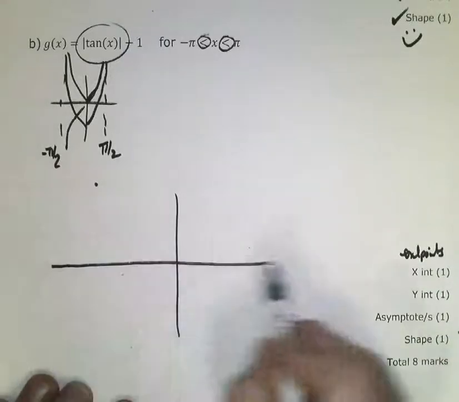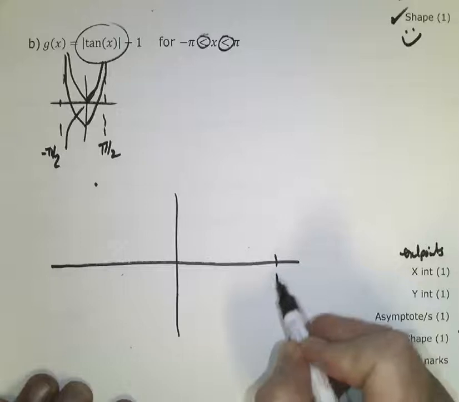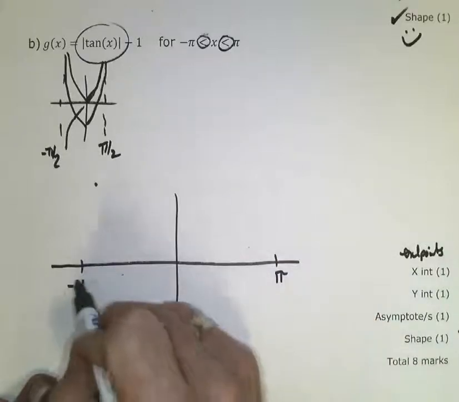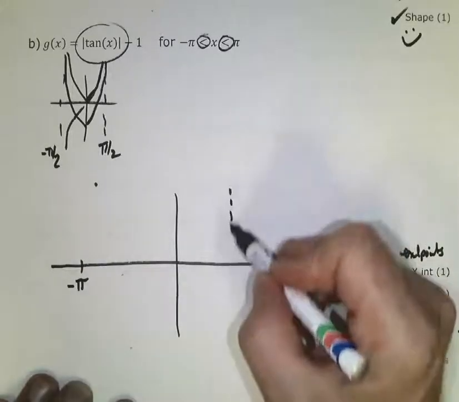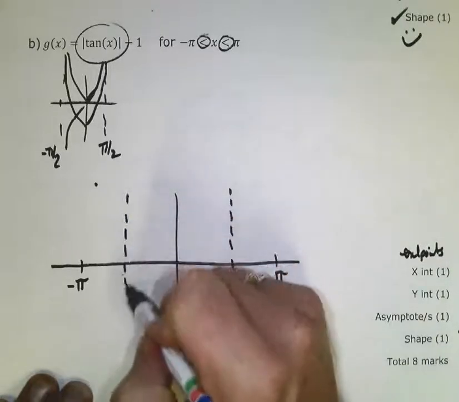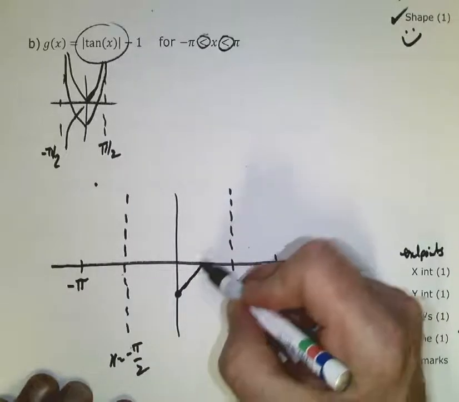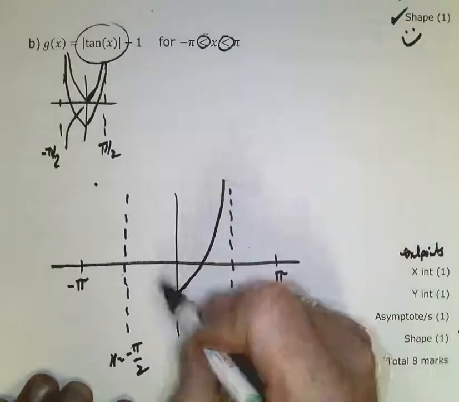So I can now draw my axis. I need to go to pi and minus pi, and I know I'll have an asymptote at x equals pi on 2, and another asymptote at x equals minus pi on 2. I know that I'm going to go down to negative 1. And I'm going to have one curve that looks like that.